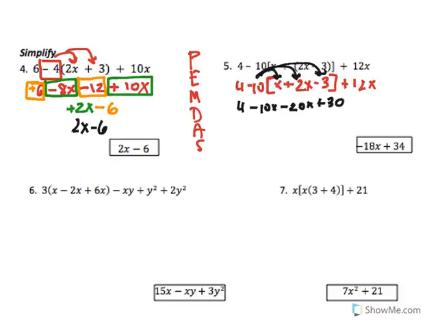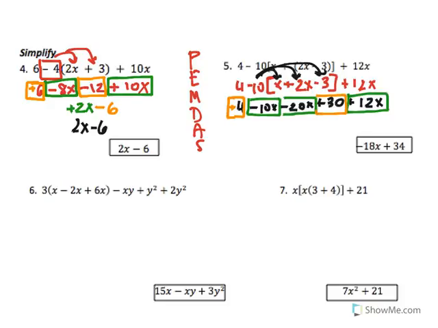I bring down the rest of the pieces here, and now I draw a box around my like terms. The variables will get a green box, and I make sure that I include the signs. I draw a box around the constants. Remember, if there's no sign, it's positive.